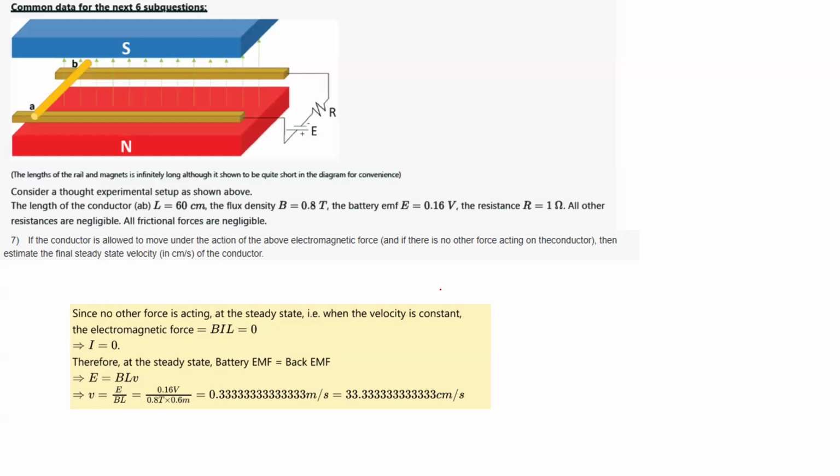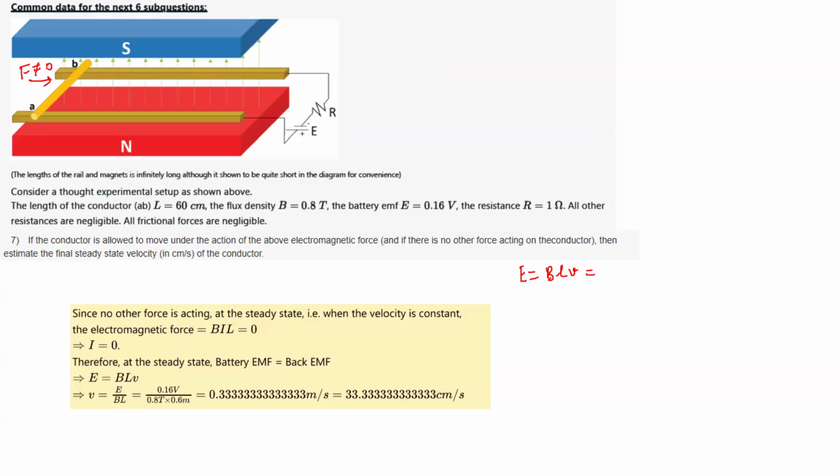Velocity is given by E equals BLV, and there is no other force acting, no other resistances. We are not applying any external BIL, so there is no need for this.